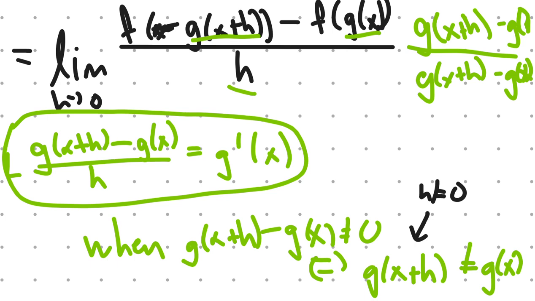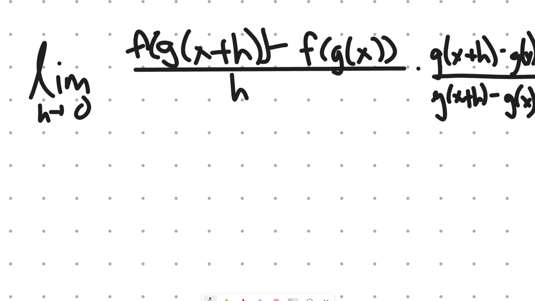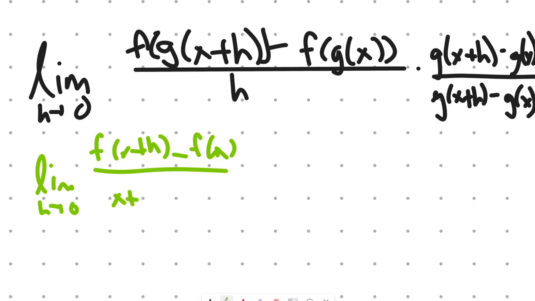Now we're going to write it again so that you'll understand what I mean. The derivative of a function is the limit as h approaches 0 of f of x plus h minus f of x, all over x plus h minus x. The difference between x plus h and x is just h, but we can write it this way because the pattern follows like this.